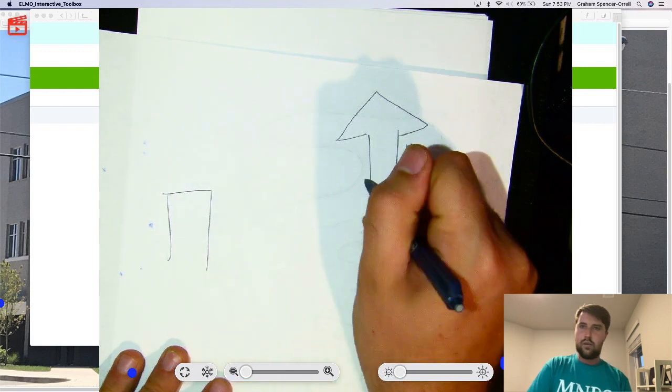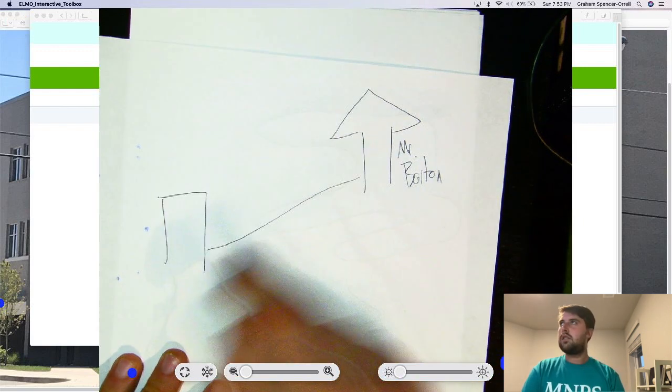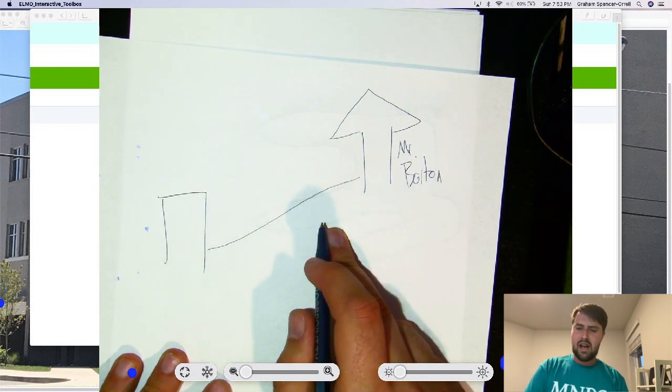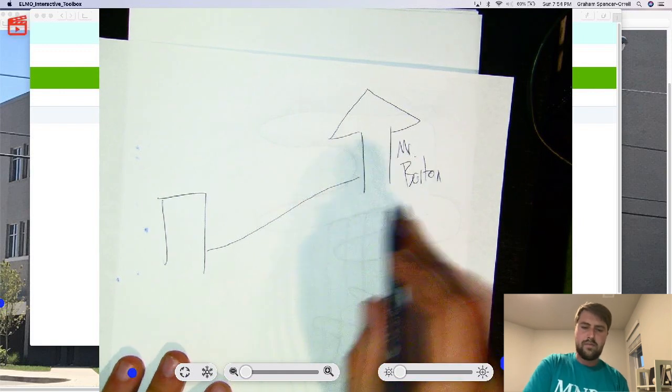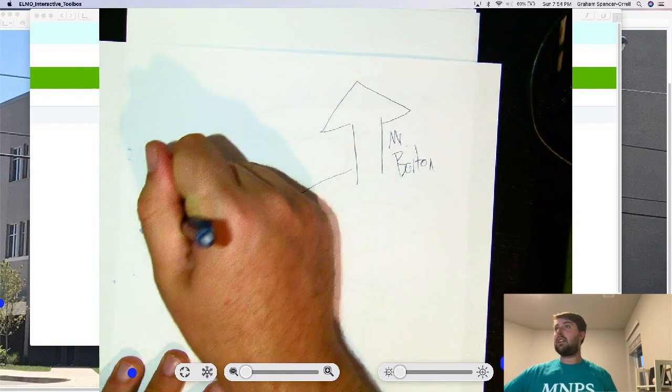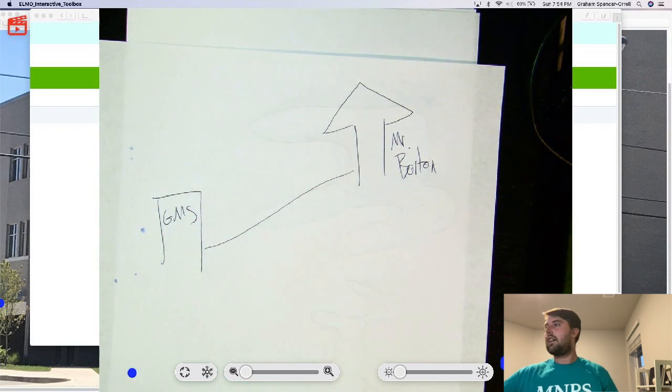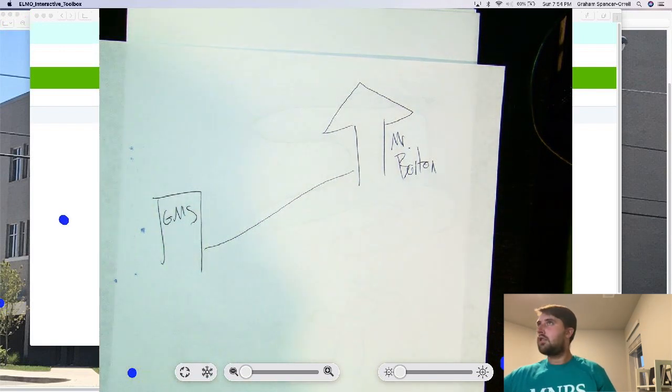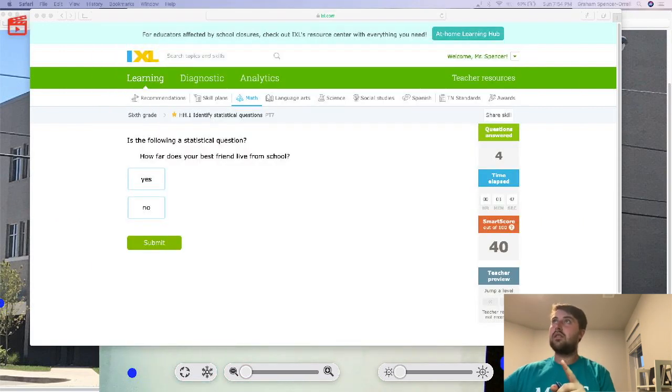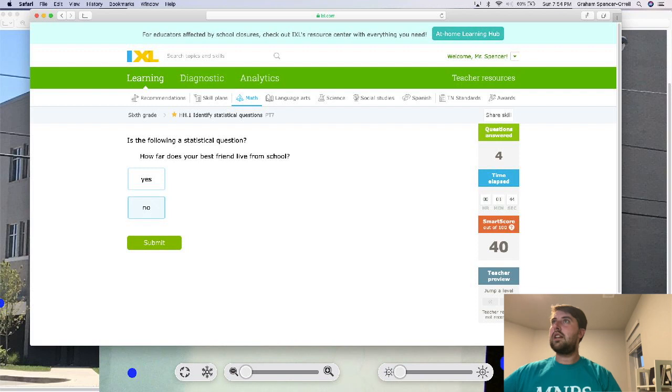His distance is not going to change ever. So is there more than one correct answer for how far my friend lives from Goodlettsville Middle School? No, there is not more than one correct answer. Mr. Barton only lives one distance from Goodlettsville Middle School. So we're going to say no.